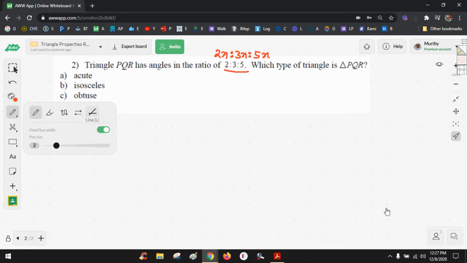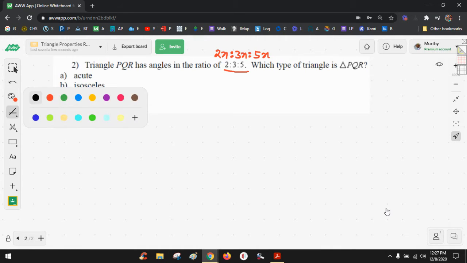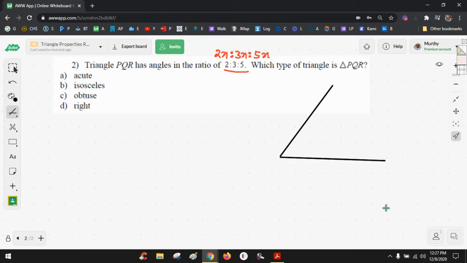Let me visualize the given question. There is a triangle, I'm drawing a freehand sketch. The values may not be so accurate. Okay, I'm taking a triangle, and this is PQR, and I see that the ratio is 2:3:5.